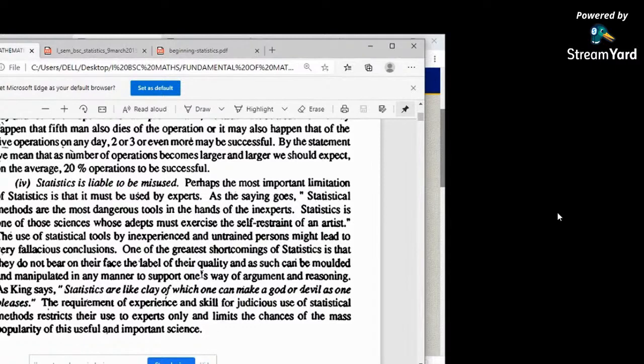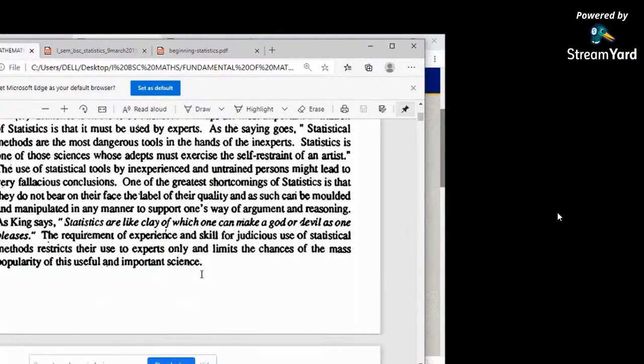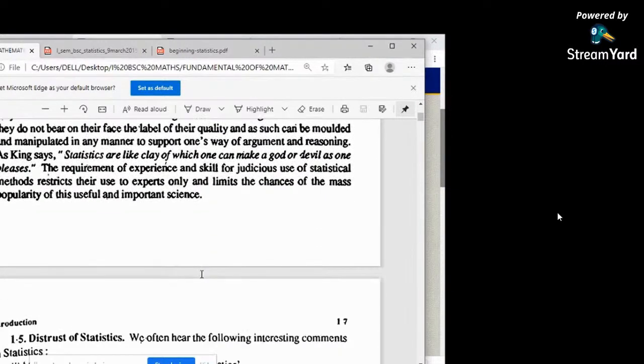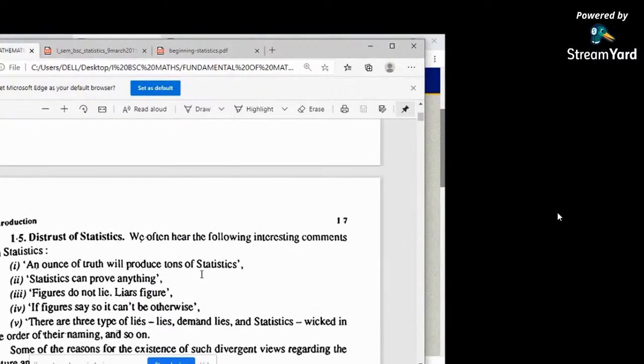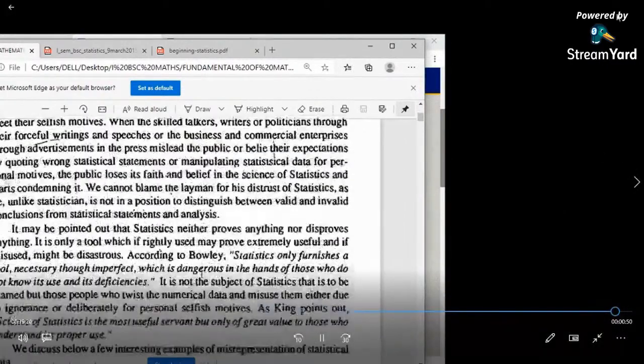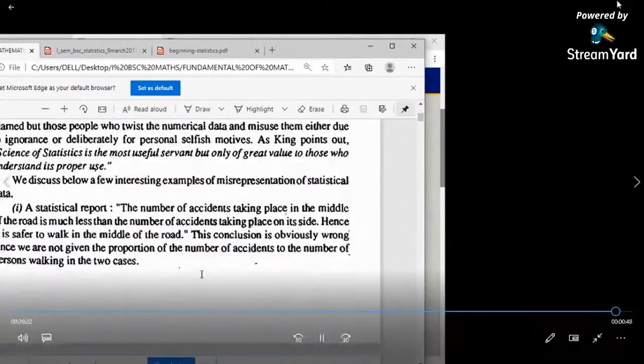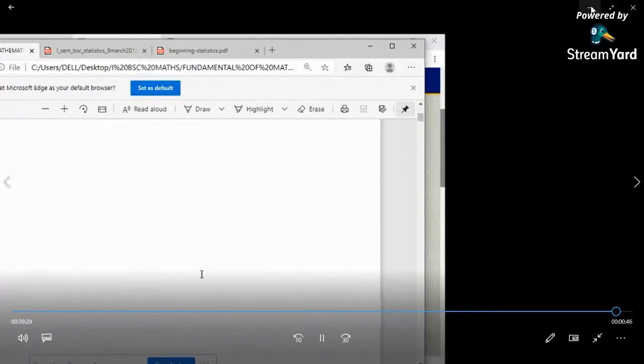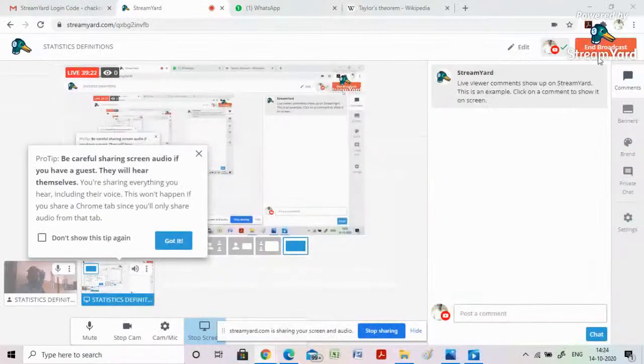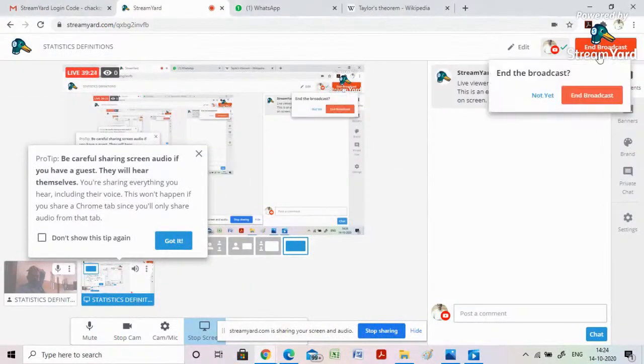So there is a chance of misusing statistical theory, and we should be aware of this type of misuse. Okay, in the next class we will continue our discussions.